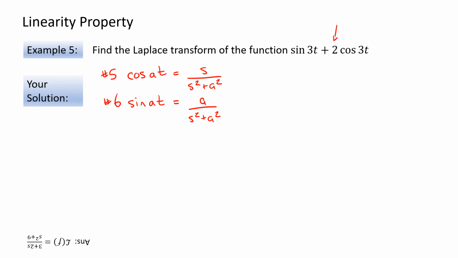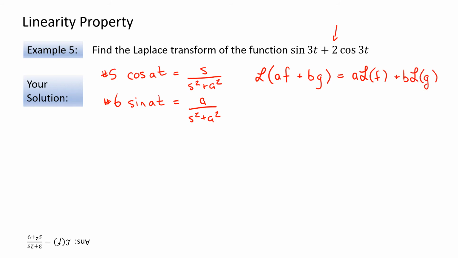Now you'll also notice that we have a 2 behind the cosine, but remember, for the linearity property, the Laplace transform of a function f times a constant a plus a function g times a constant b is the same as a times the Laplace transform of the first function plus b times the Laplace transform of the second function.